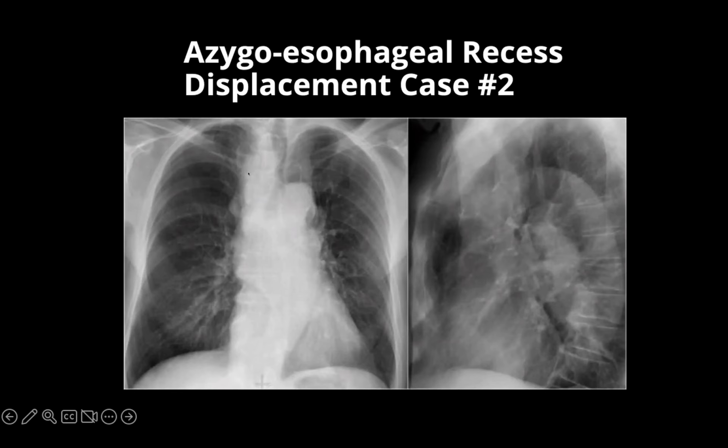That paratracheal stripe, which normally should be not more than 3 millimeters, is now centimeters in width, so there should be an abnormality. Look at the hila. Both hila are very dense, and that density is really homogeneous throughout. From the superior aspect to the inferior aspect, you can't really see that paratracheal stripe here. It's merging with that opacity.